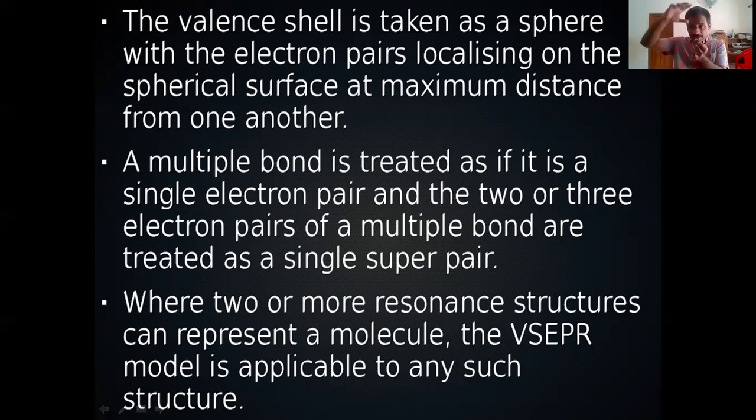So if it is arranged on the surface of a sphere at a maximum distance, how will you measure this distance? Only through measuring the angle, the bond angle. It is possible to measure the distance by measuring the bond angle, because the electron pairs are on the surface of a sphere.